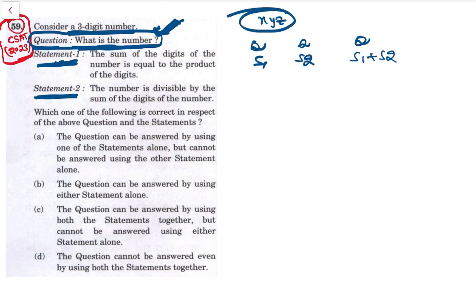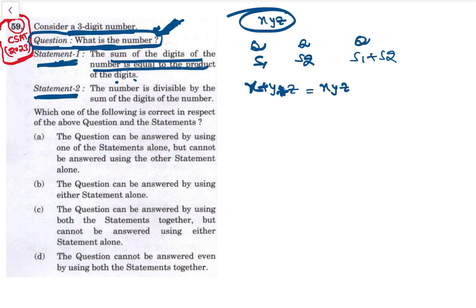Okay, that is, statement says sum of digits of the number is equal to the product of digits. That is x plus y plus z is equal to x y z. Okay, so we need to find out what the number is. What is the number, a 3 digit number, we need to find out. So by this statement can we say what number it is?